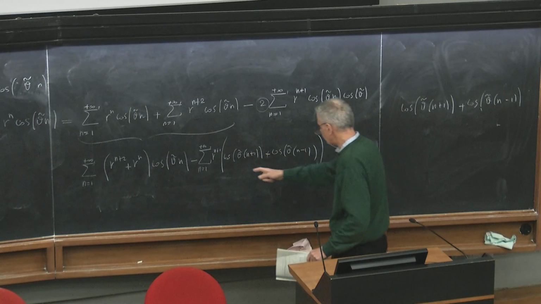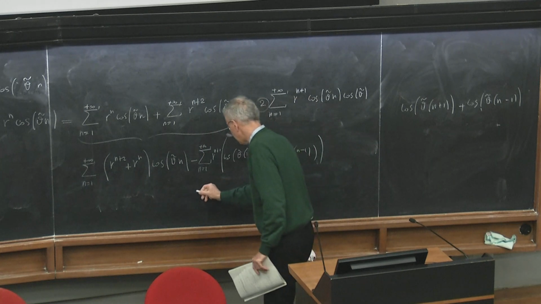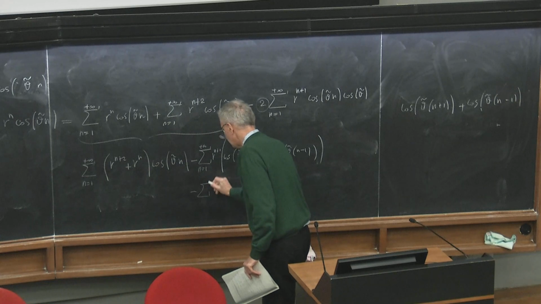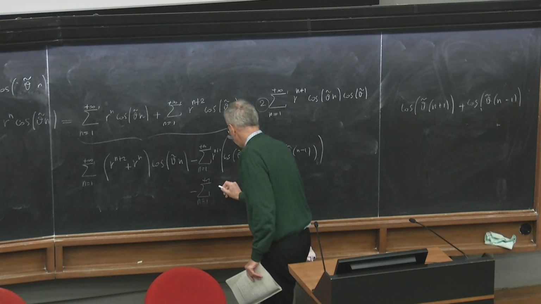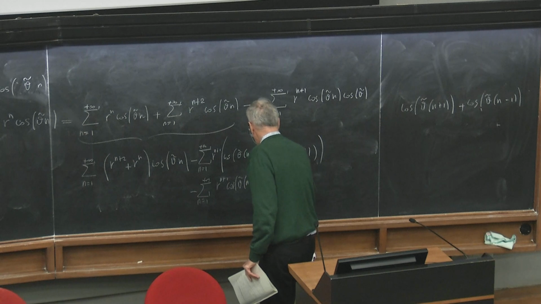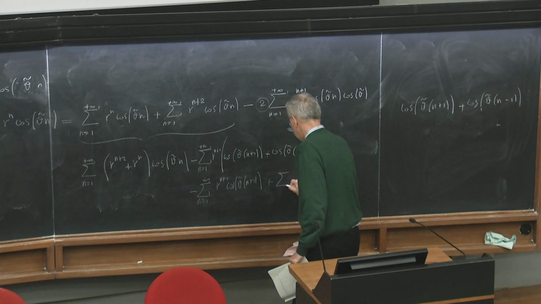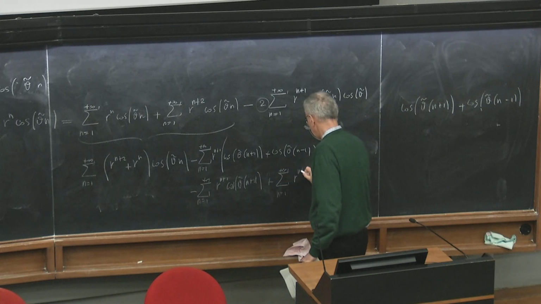So let me write this. Now let me split it. Minus the sum n equals 1 to plus infinity. So I just split theta tilde n plus 1 plus the sum n from 1 to plus infinity of 1.